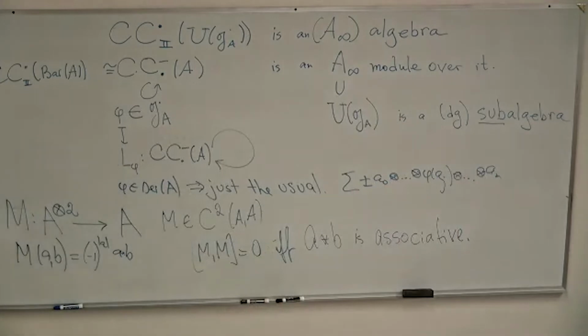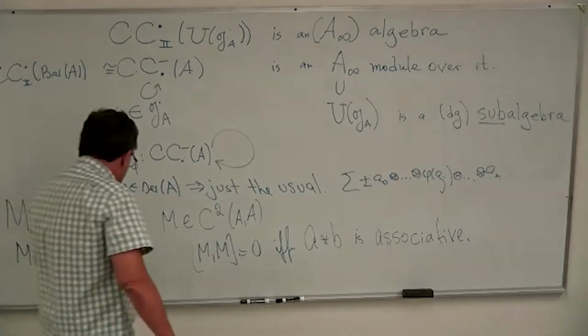And well, modulo 2 torsion, the element commutes with itself if and only if it defines an associative product.